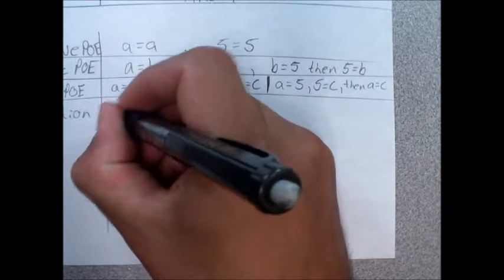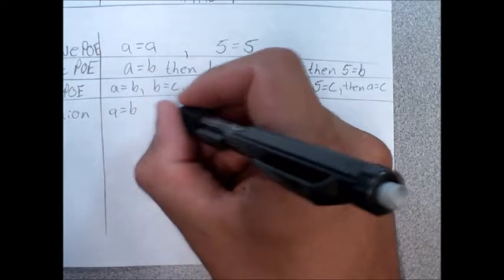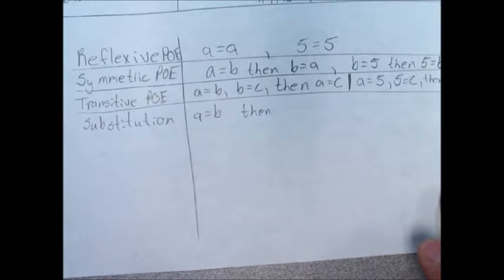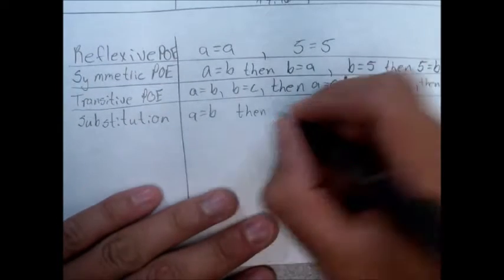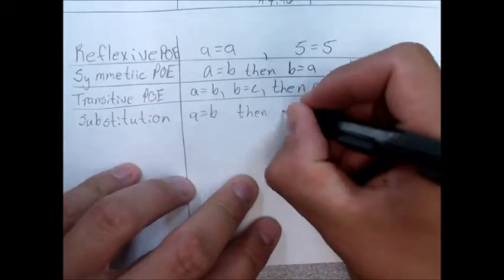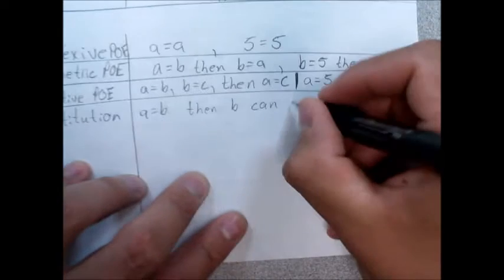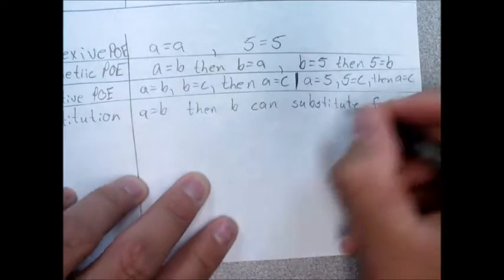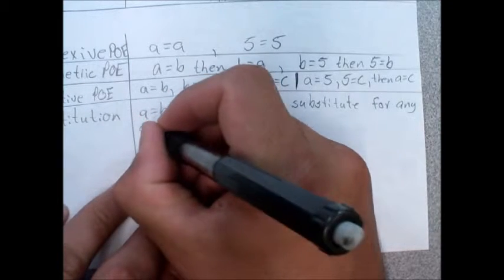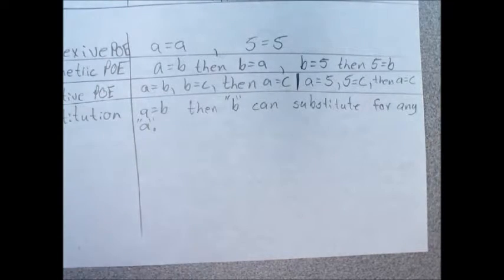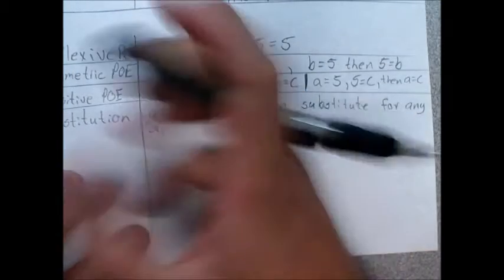It says if A is equal to B, then B can substitute for any A. I'm going to put B and A in quotations just so you know they're just letters from the original problem. I should say any A in the expression.